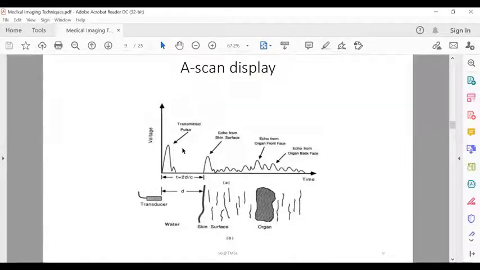A scan can be used to measure distances, and it gives you one-dimensional information. It is based on the amplitude, so A is for amplitude.